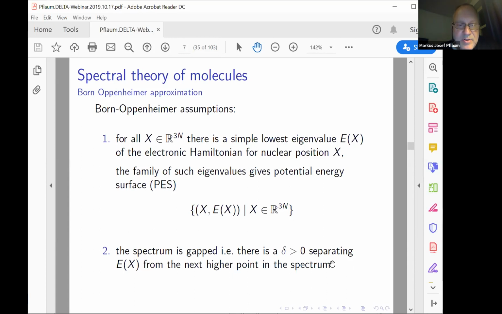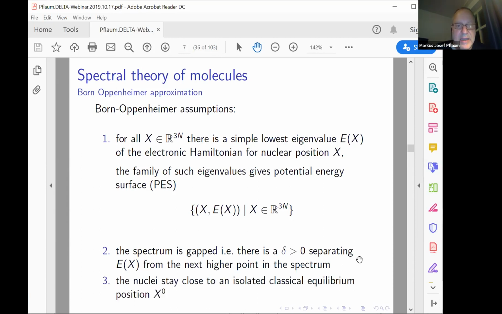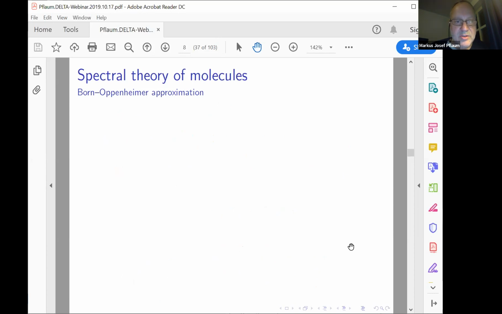But I'll come to this in a couple of minutes. The idea of Born-Oppenheimer is also that the nuclei are assumed to be close to a classical equilibrium position X upper knot. There might be vibrations, but they are essentially close to it.